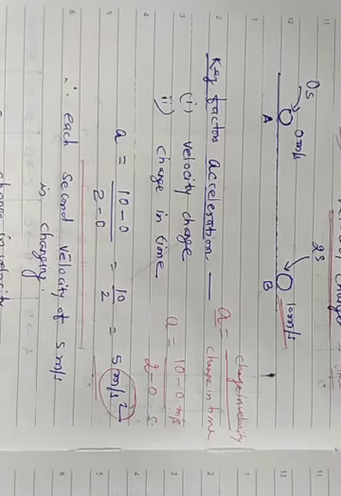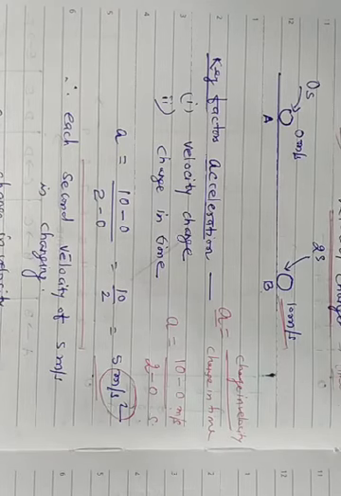Once again I am repeating: if it is asked what you mean by a body containing 5 meter per second square acceleration, you will say that in each and every second the velocity of that body is changing by 5 meter per second. Okay, so this is how this expression comes.